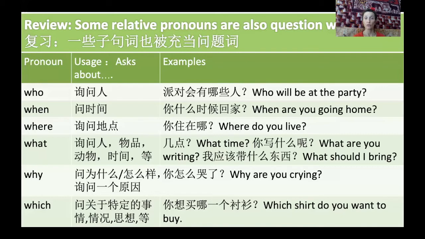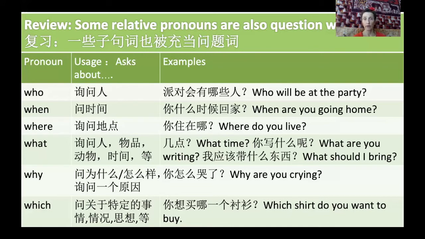Okay. 询问一个原因 Okay, which again, like in the slide before, is asking about particular, which in particular do you want? Okay, so it's when 关于特定的事情、情况、事项等等 Okay, which shirt do you want to buy?